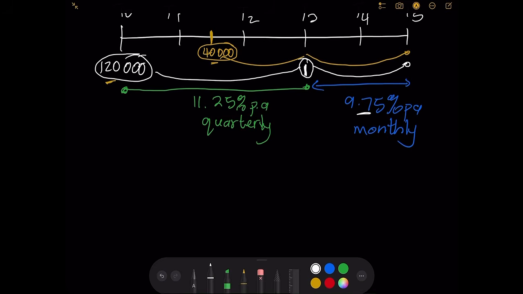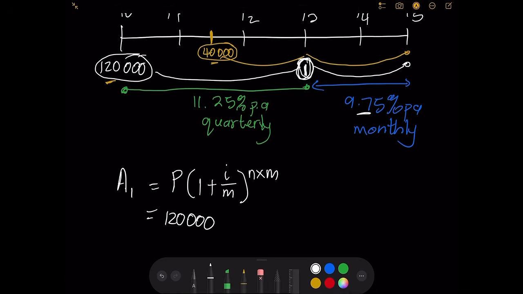So I'm going to do that in the white. Let's start with the initial deposit. Let's call it A1. So what we did here is that this is going to be P times (1 plus i over m) to the power n times m. So I'm dealing with the principal amount up until year 3. In this case, my principal amount is 120,000 rands.